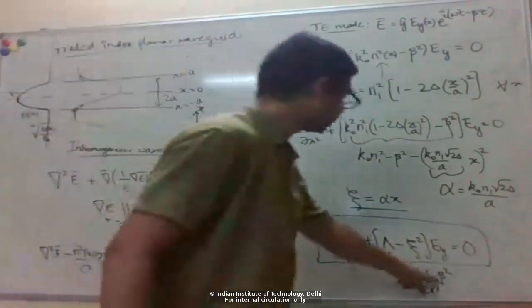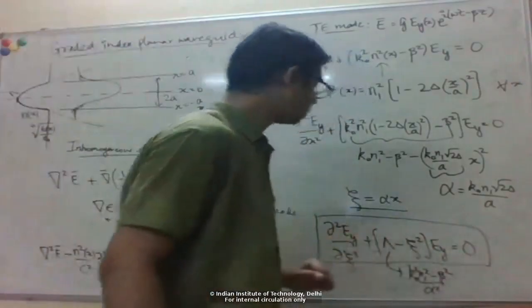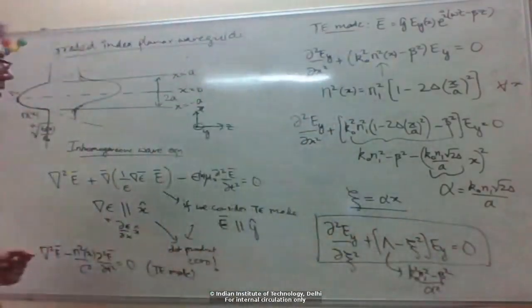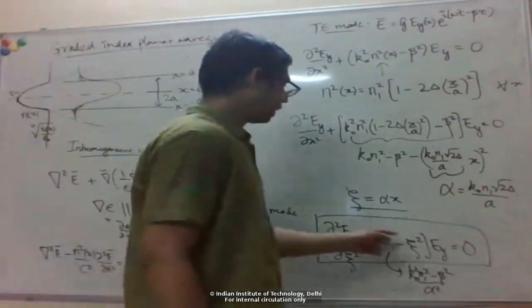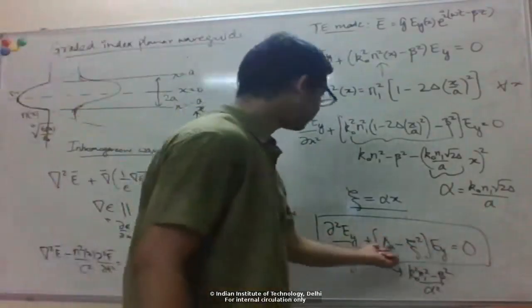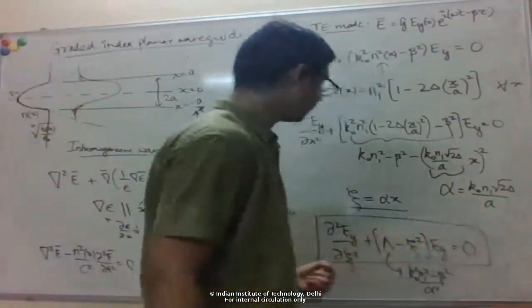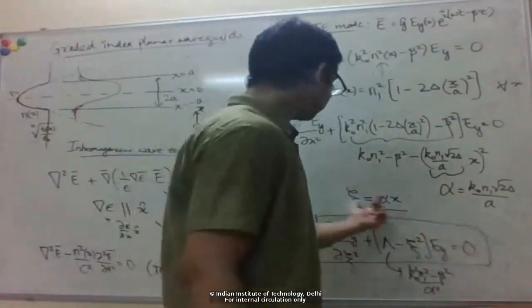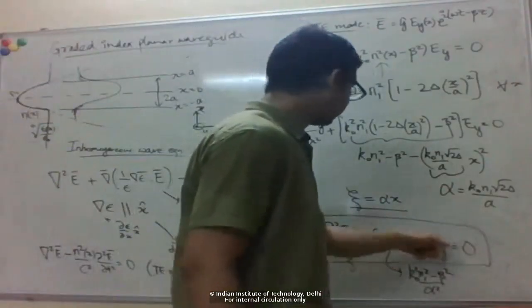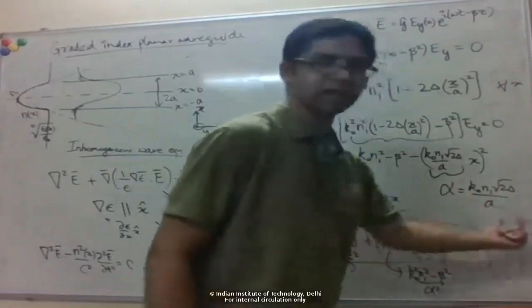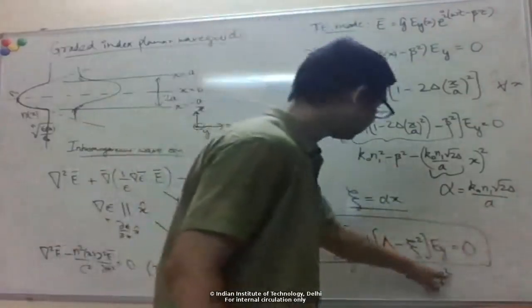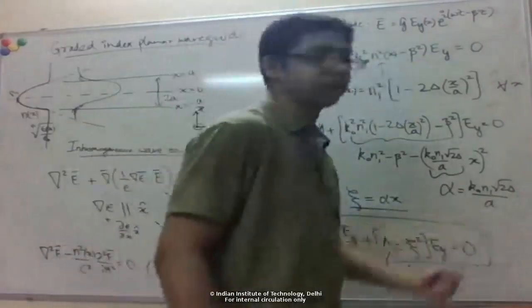Again, beta would be the solutions. You can think of this like an eigenvalue equation. If you take this capital lambda to the other side, then I have some differential equation in Ey on the left hand side, and then some constant times Ey on the right hand side, which depends on beta. So that's the eigenvalue.